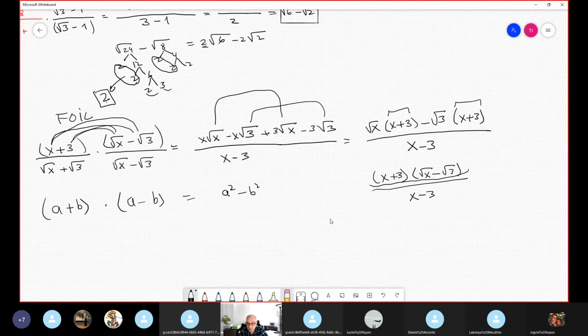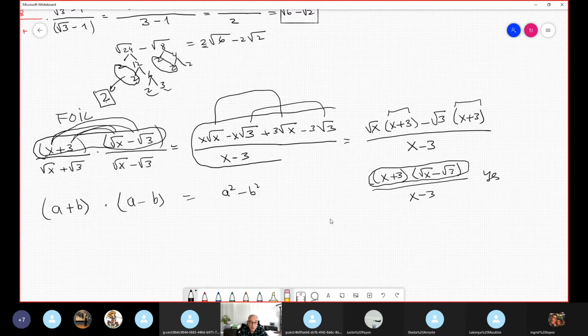This expression is exactly the same, the multiplication of this and this. And the only thing that changed is the bottom part, which is x minus 3. So you can leave it like that, maybe yes, or like that, without grouping here, or like that, it's the same.